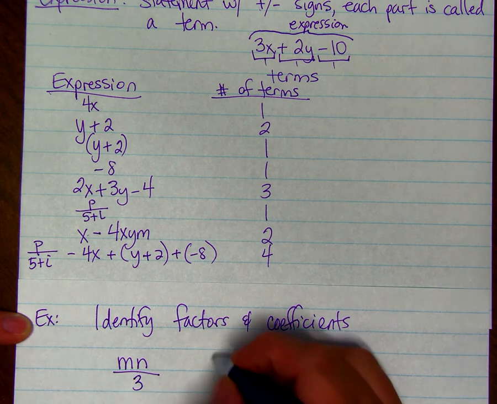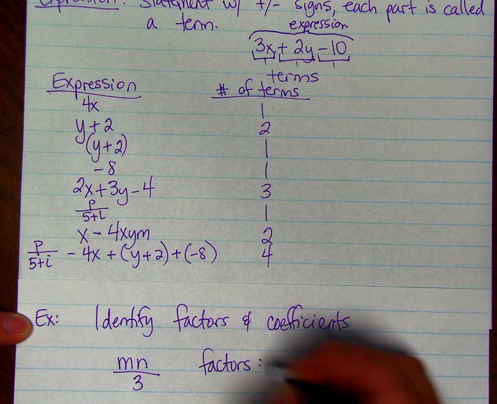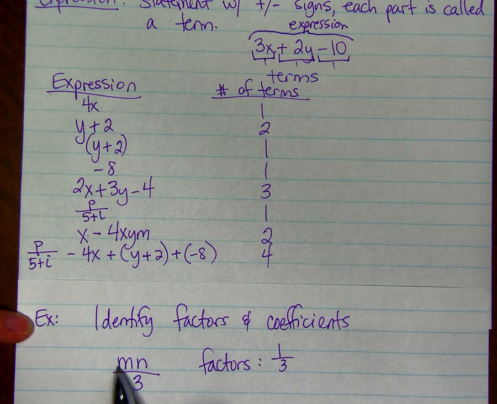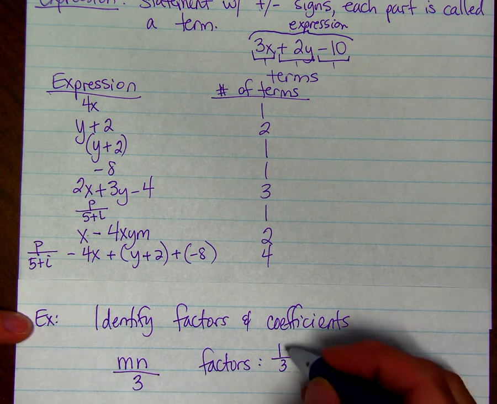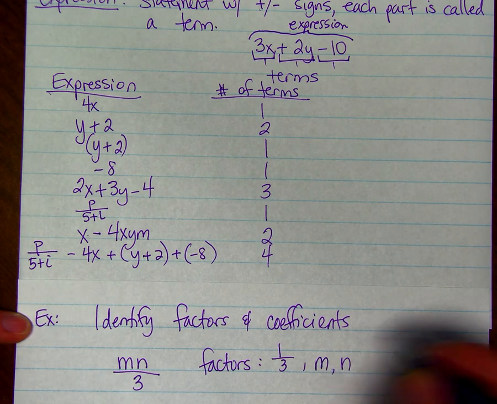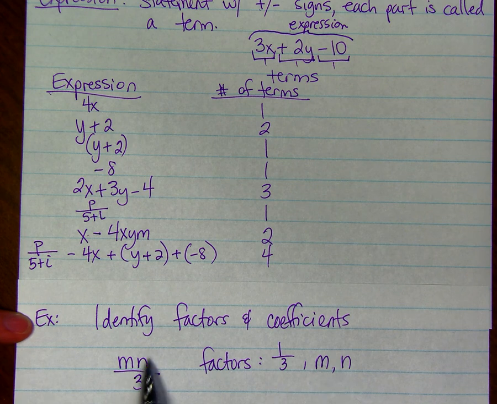Now the factors are 1/3. Notice that the 3 started in the denominator, and in our factors it stays in the denominator. So the coefficient, or the number in front of the m, is a 1. 1 times mn. So we have 1/3, we have an m, and we have an n. If you multiplied 1/3, m, and n, you're going to get mn divided by 3.